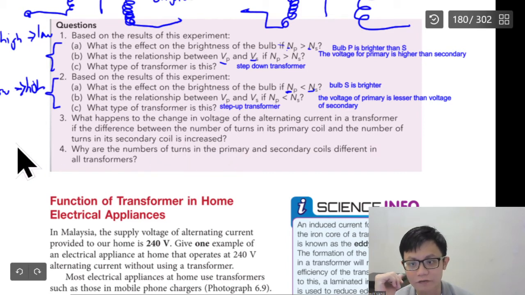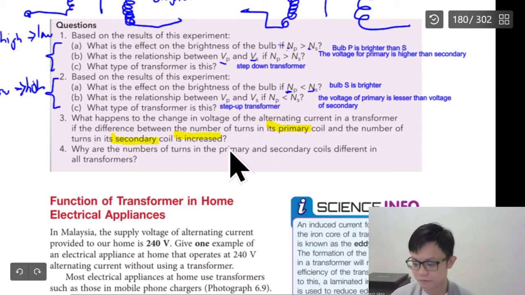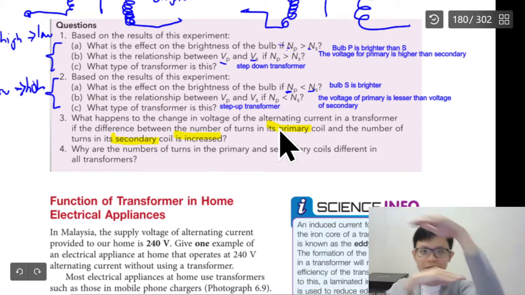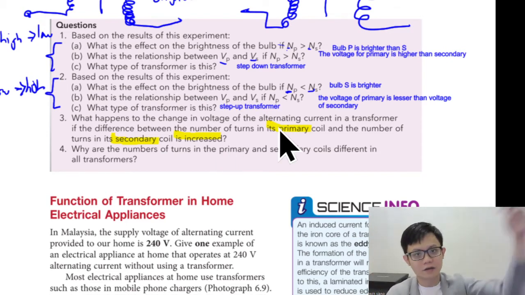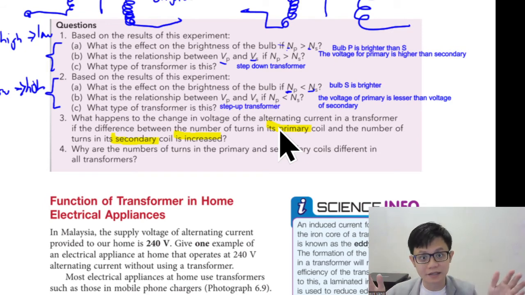between the number of turns in the primary coil and the number of turns in the secondary coil is increased? Means the difference increases, means here more, here less, or here more, here less, so the gap is bigger.